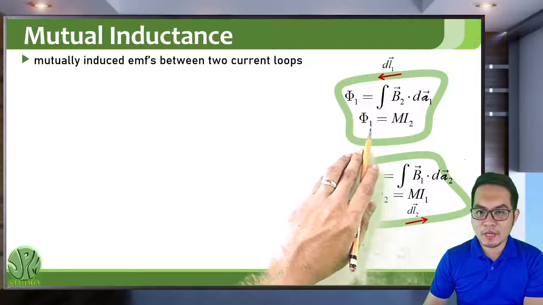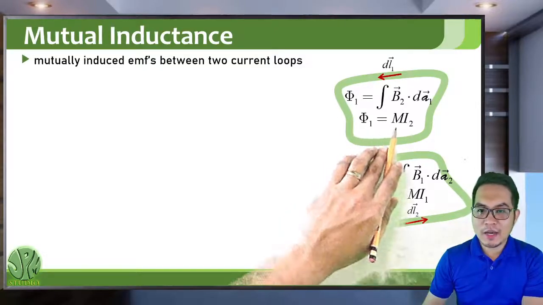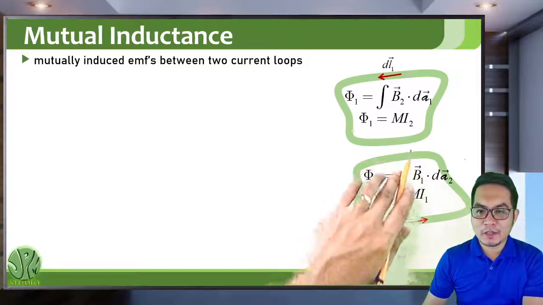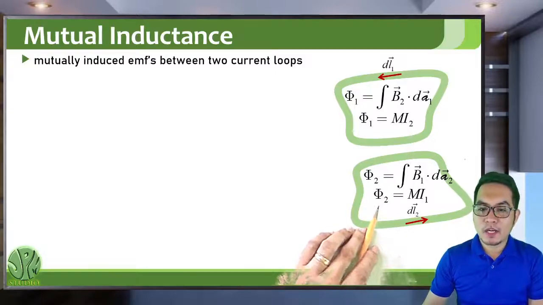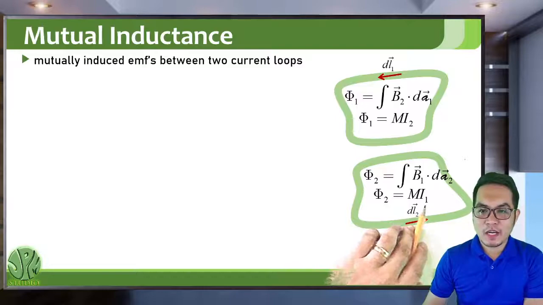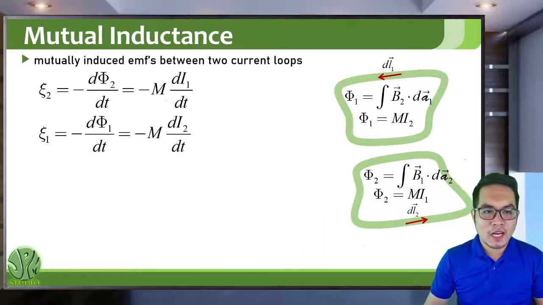We can write the flux on loop number 1 as M times I2, where I2 is the current in loop 2. Similarly, the flux in loop 2 is just M times the current in loop number 1. We call this M the mutual inductance.